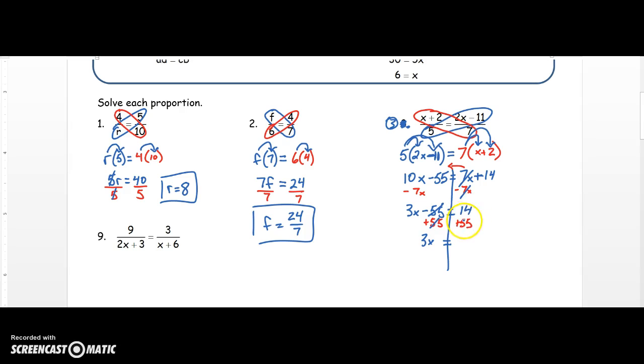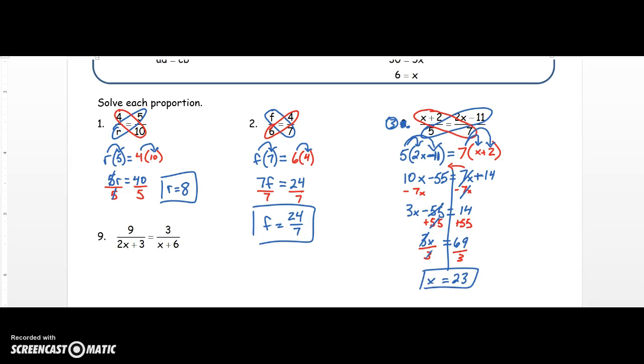So now you have 14 plus 55 and you get 69. So now we can go ahead and divide by 3 on both sides. The 3's are going to cancel each other out because they equal 1, so you get x equals 23.